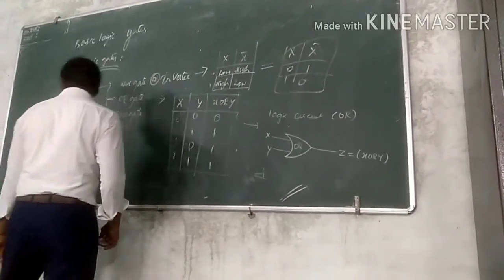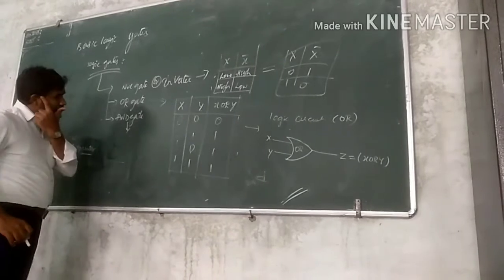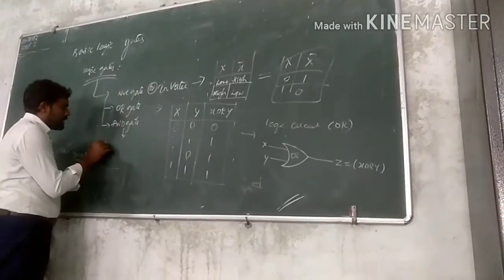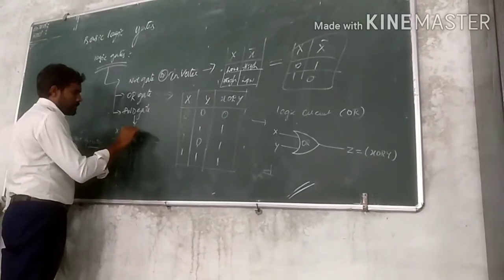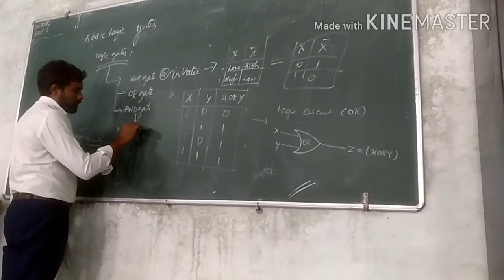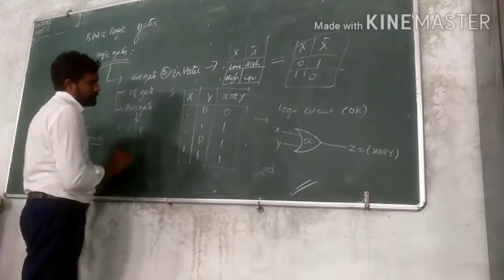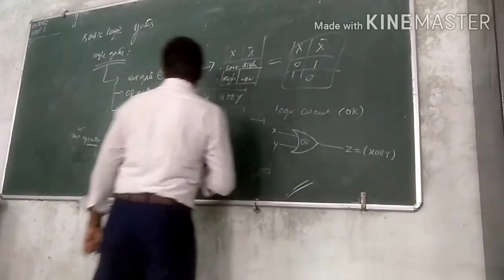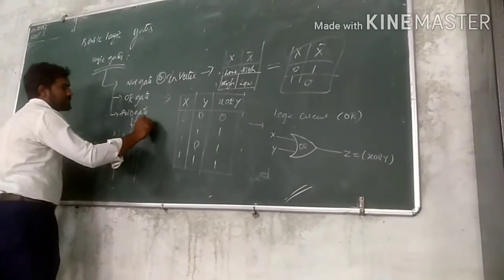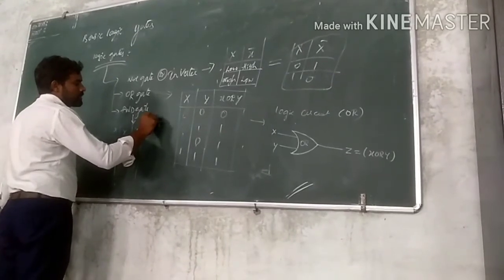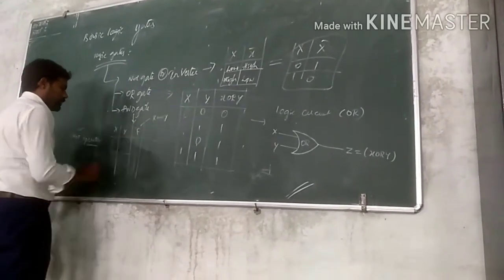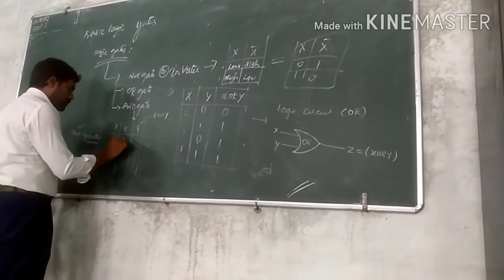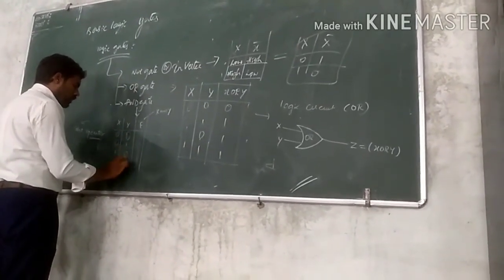Now we will go with the AND gate. What exactly is the AND gate saying? The AND gate gives f, make it f. So f means x and y. 0 0 1 1 and 0 1 0 1.